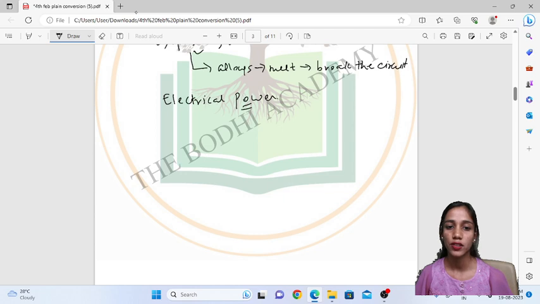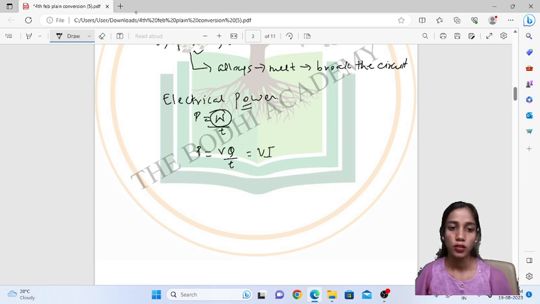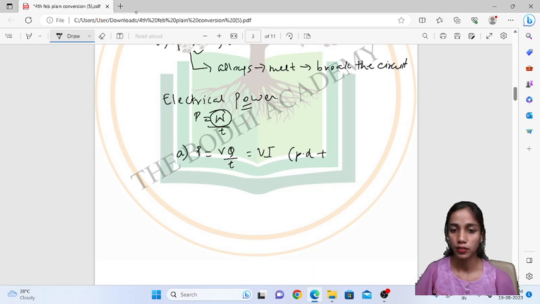In simple language, power is how much work is done in that particular time. Work is VQ by T, which gives me V into I. So the first formula for power is V into I, which considers the potential difference and the current.